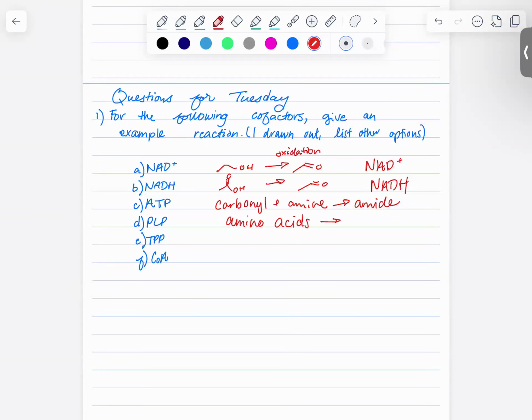And the product of those reactions will depend on what kind of reaction we're catalyzing. But with PLP, we really want to be looking for amino acids as starting material. Which of these reactions would amino acids be the ending material? ATP, as we hook our amino acids all together.